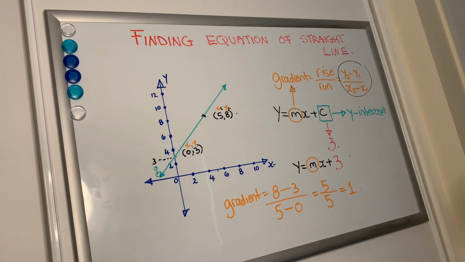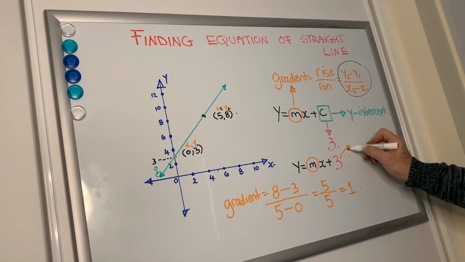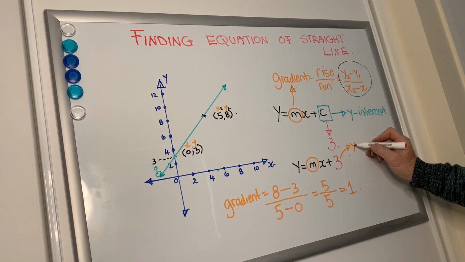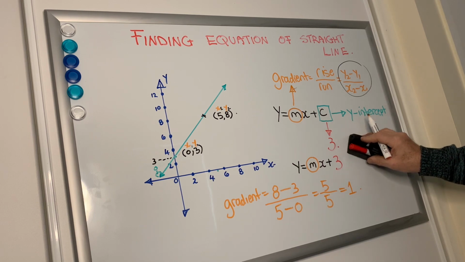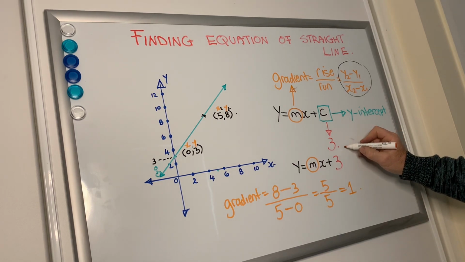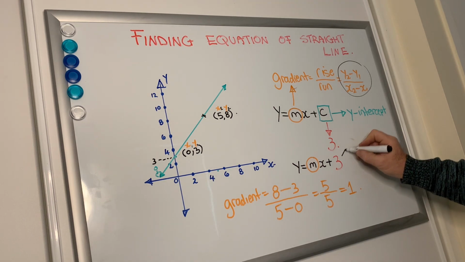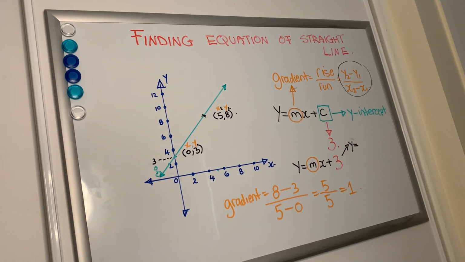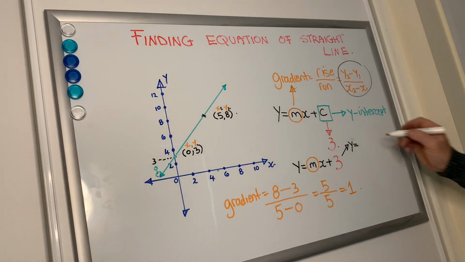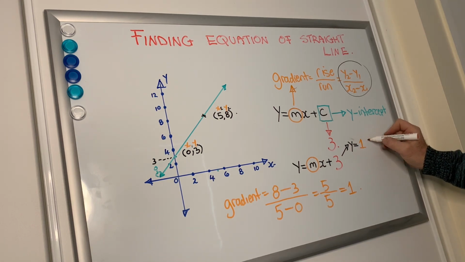So that means, let's take this equation out here now. We can say that y is equal to 1, I'm just going to put a 1 there, that's the gradient, 1x.